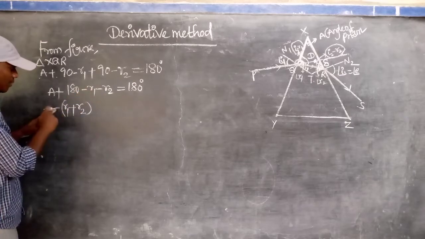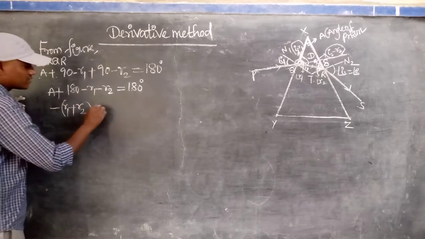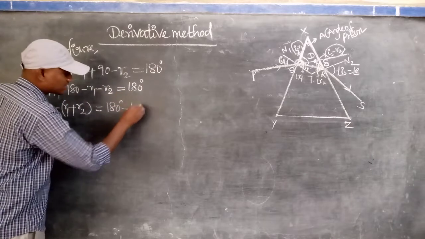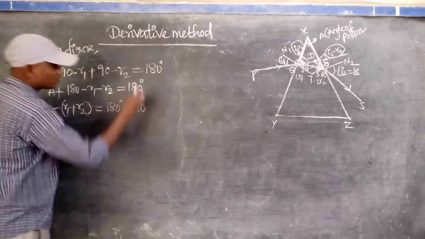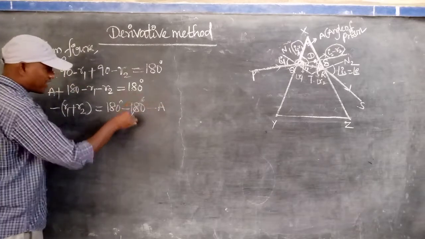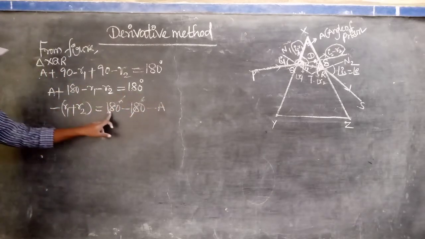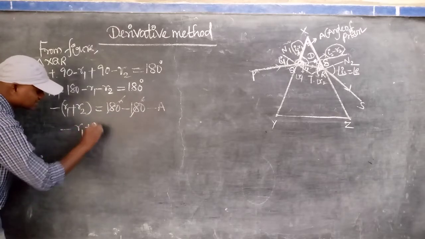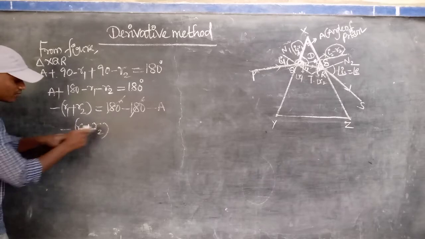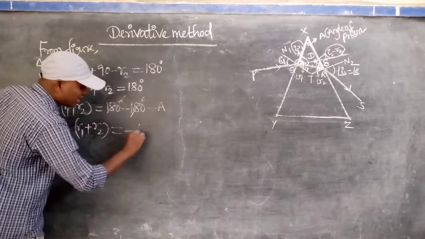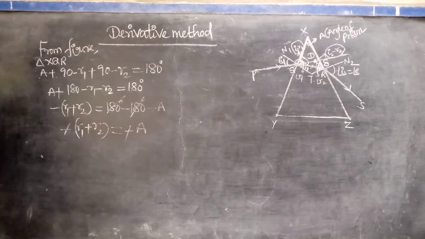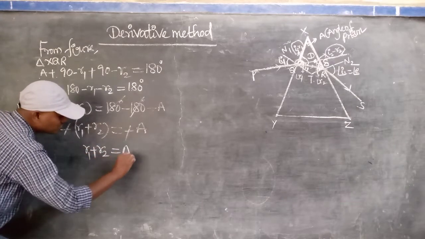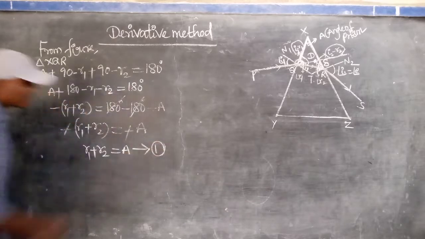Minus R1 minus R2 is equal to 180 minus 180 minus A. 180 and 180 get cancelled because one is positive and one is negative. Then minus R1 minus R2 is equal to minus A. The minus signs get cancelled, so R1 plus R2 is equal to A. This is equation number 1.